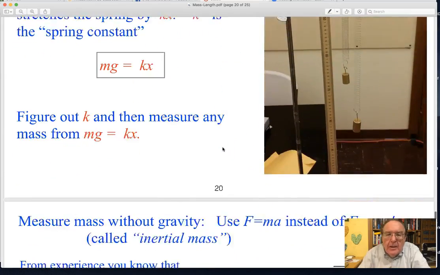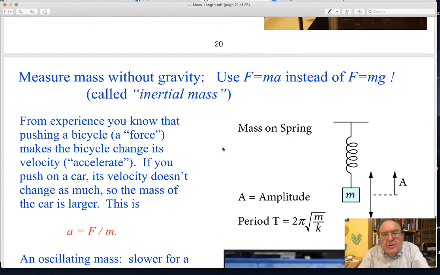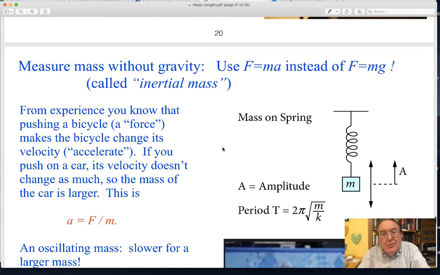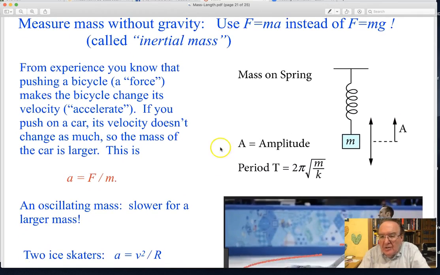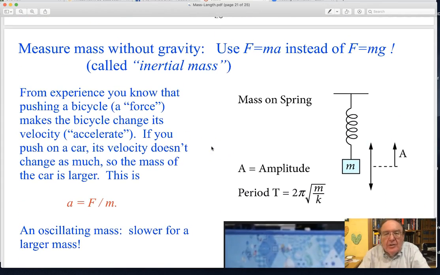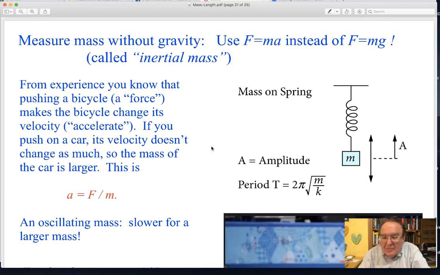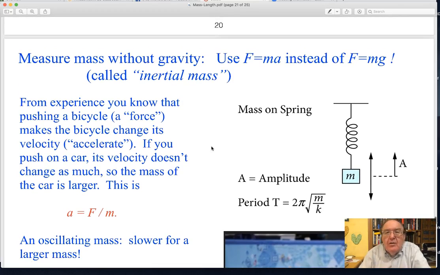Now, there's another way to measure mass that has nothing to do with gravity. Okay, you might ask, you're on the space station and you're weightless. How do you possibly measure your weight on the space station? There's no net force on you. You're weightless. Okay, so how do you measure it?